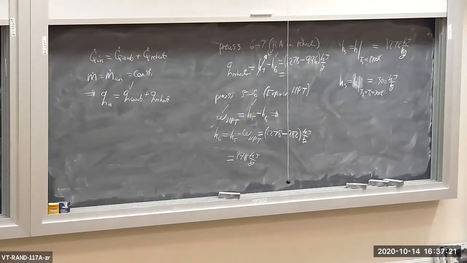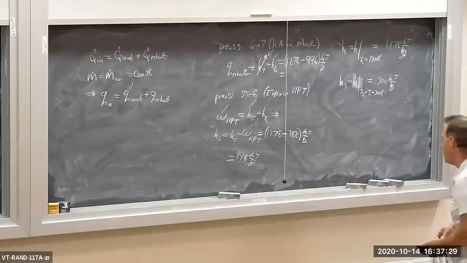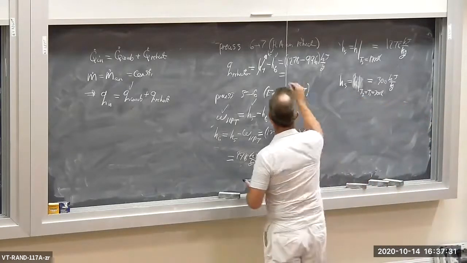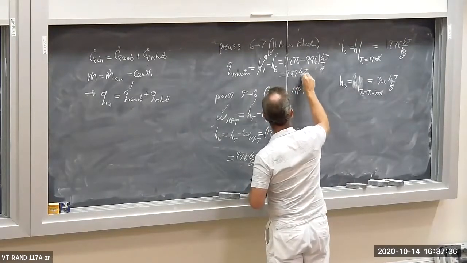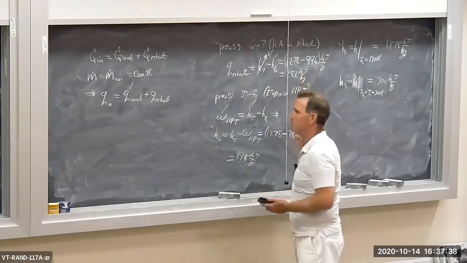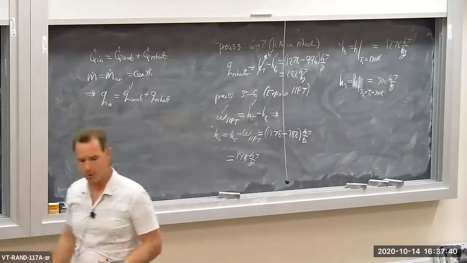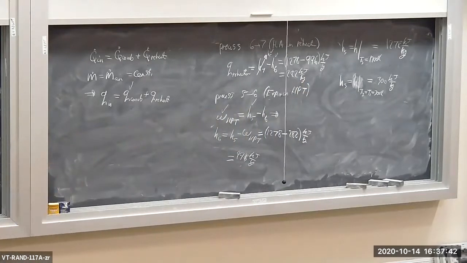So 1278 minus 996, I get 282 back, 282 kilojoules per kilogram. So we went right back up to the original temperature.